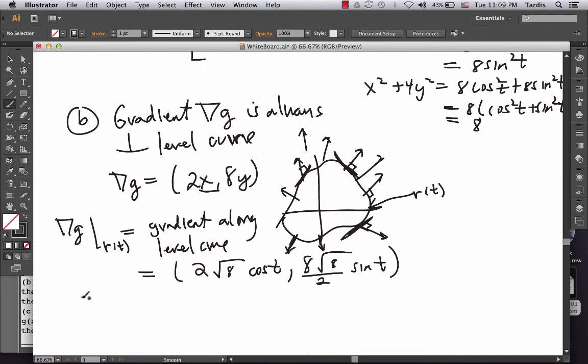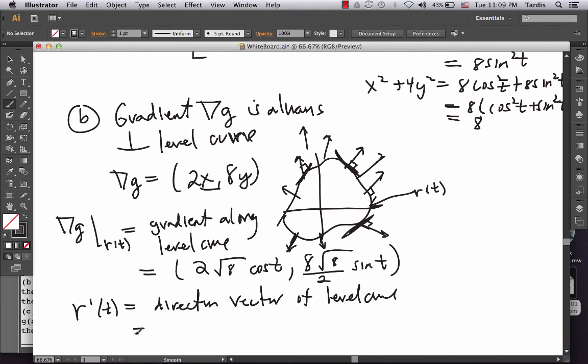We now need to show that it's perpendicular to the level curve, which means I need to compute the direction vector. Here's the direction vector of your level curve. Compute the derivative of it.